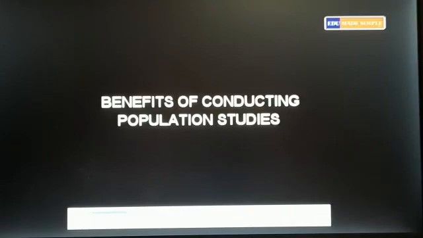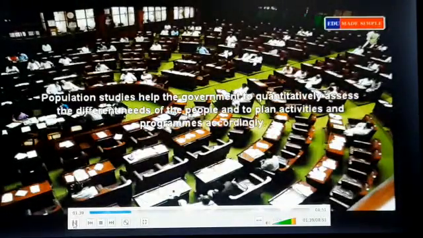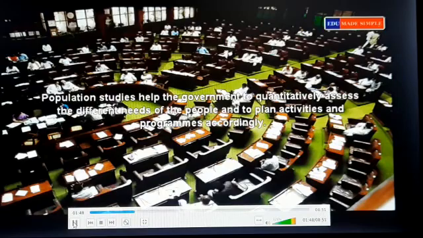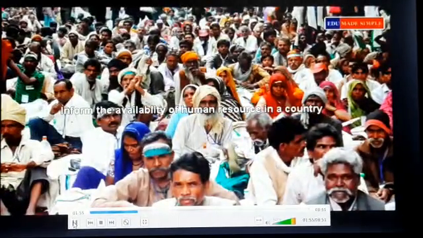There are many benefits in conducting population studies. 1. Population studies help the government to quantitatively assess the different needs of the people and to plan activities and programs accordingly. 2. It informs the availability of human resource in a country. 3.